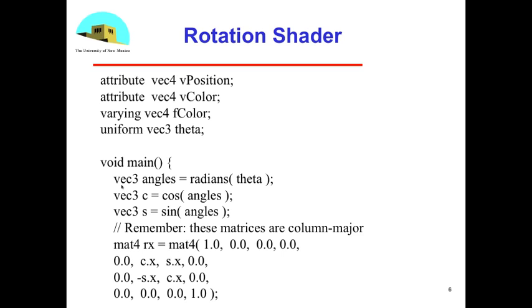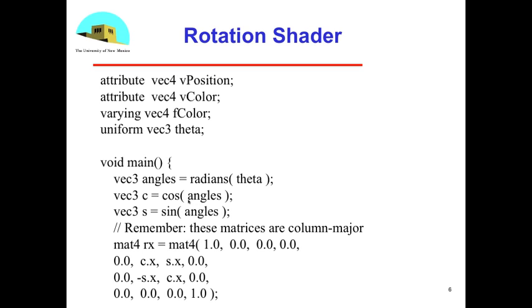Okay, so let's see what we can do. I'm going to set 3 angles here. I have to convert to radians because the trig functions use radians, but GLSL has a degrees-to-radians function built in, so we run through. Notice that these functions are all overloaded. So if this was a single variable, or 3 in this case, it's overloaded, and what it does is produce 3 angles because I put in 3 thetas.